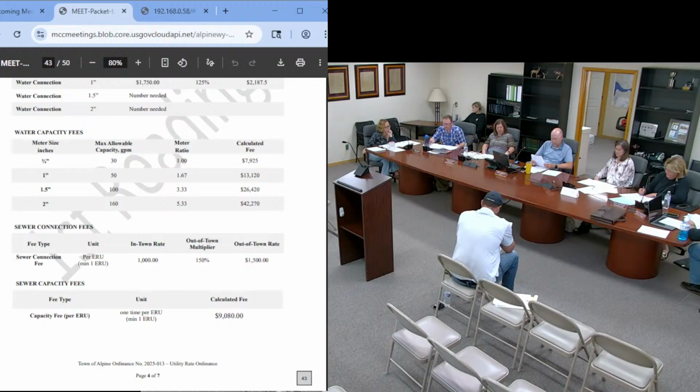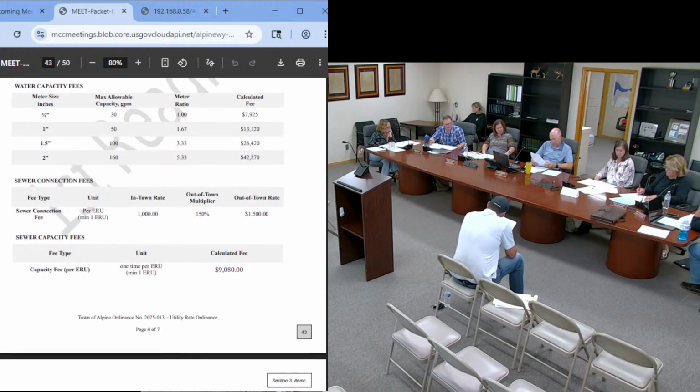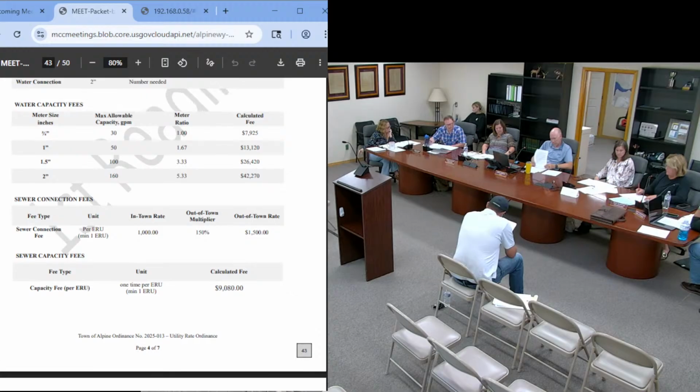And this is why I kind of went down this rabbit hole as I kept studying this. I think it's hard to see that there's no different fee. I know there is by the size of the pipe, but if I'm looking at this right, the sewer capacity fee is for a single-family home, and I know a hotel is more than one ERU.